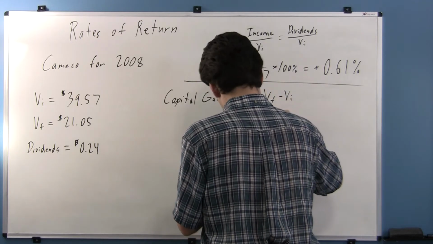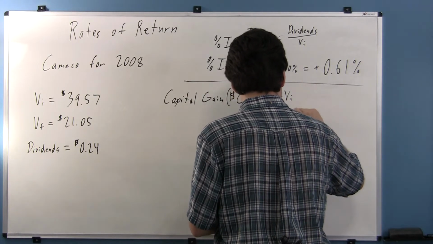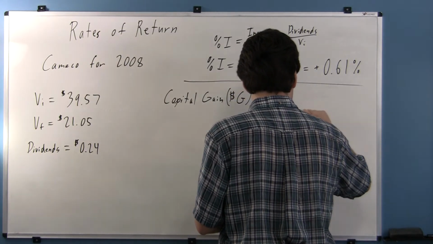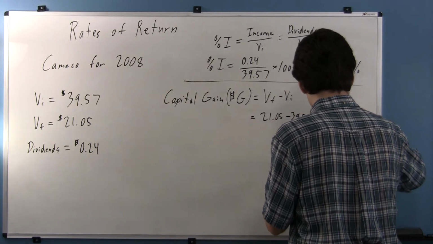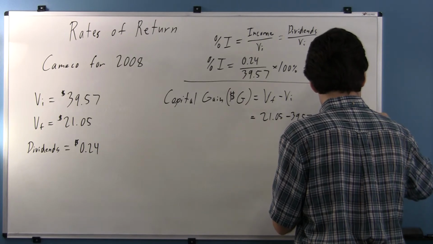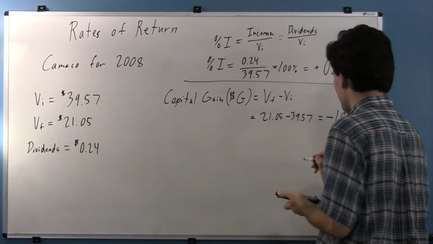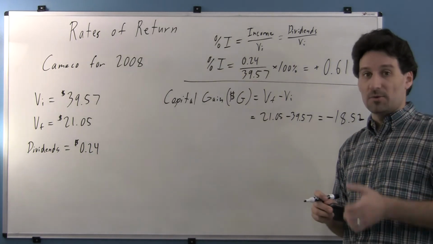So that is 21.05, the selling price, minus 39.57, the purchase price, which is a loss of negative $18.52. You may have seen that coming. This was not the best year for the company, apparently. The stock price dropped almost in half.